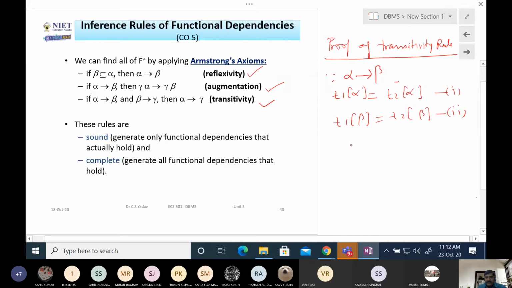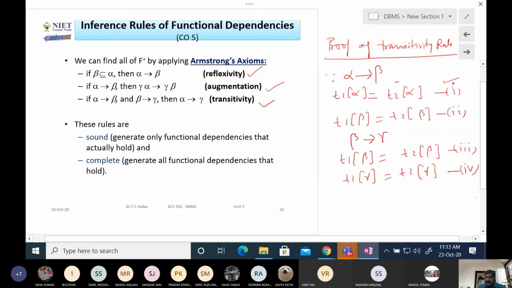And also if beta determines gamma holds on R, then T1 of beta equals T2 of beta, this is equation 3, and T1 of gamma equals T2 of gamma, this is equation 4.